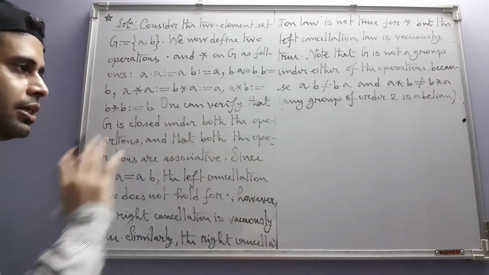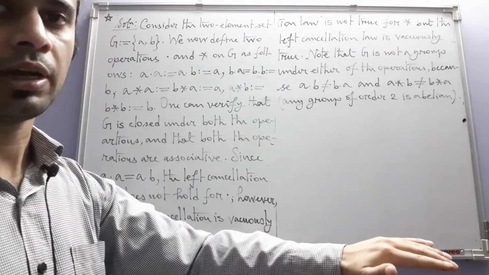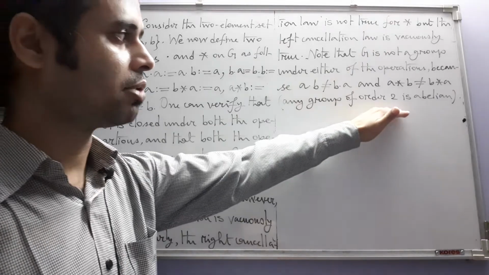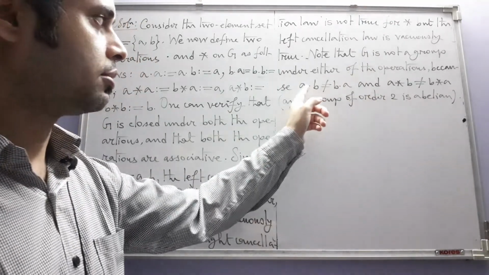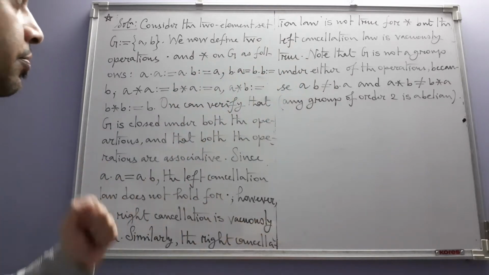Recall that while solving exercise 9, we have said that not only are groups of order 3, 4 and 5 abelian, but groups of order 1 and 2 are also abelian. So since here that possibility is not there, these systems cannot be groups.